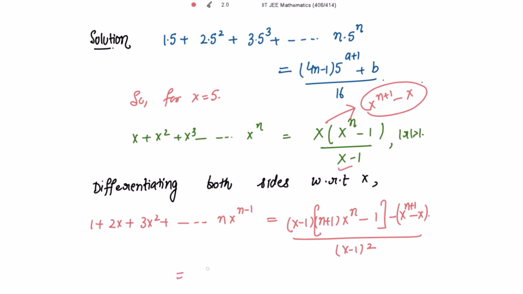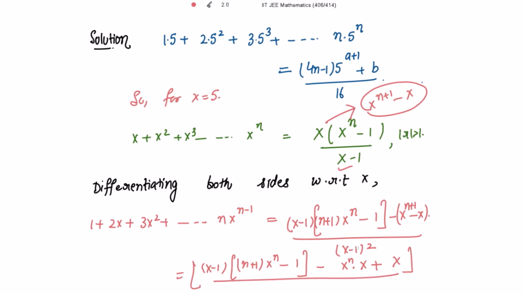So this is further equal to x minus 1 into n plus 1 x the power n, minus, I can write this as x the power n into x plus x, divided by the denominator. Let me take x the power n common from these two terms.